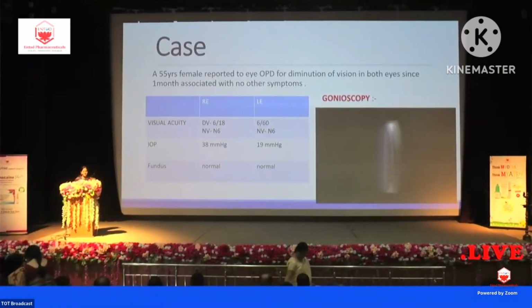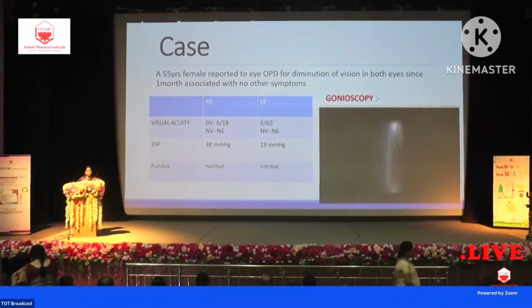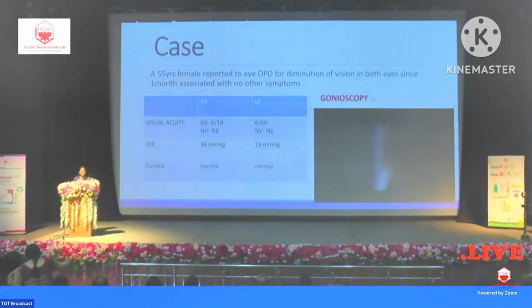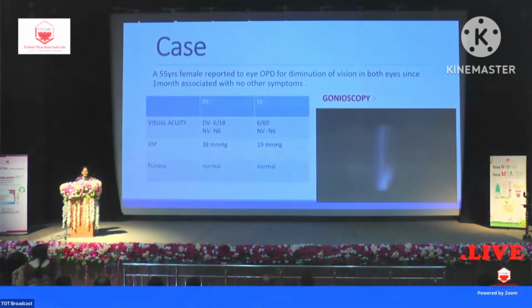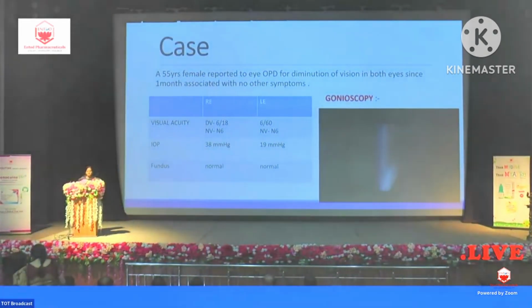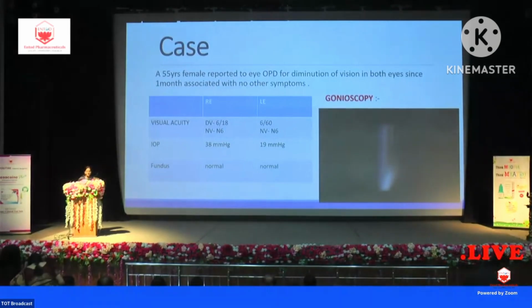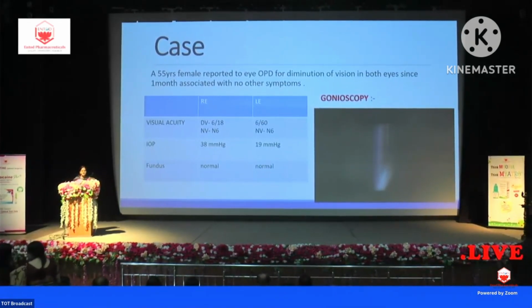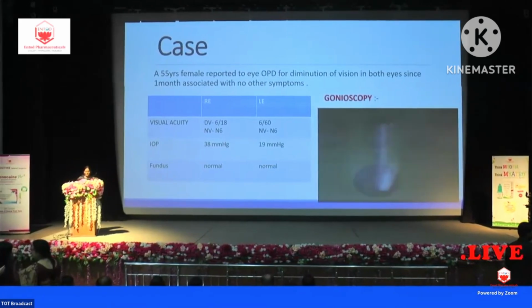IOP is 38 mm of mercury in the right eye. In the left eye it is 19 mm of mercury. Optic disc changes are normal, and on gonioscopy there is an occludable angle in the right eye. So this is a case of primary angle closure, and laser peripheral iridotomy was done.